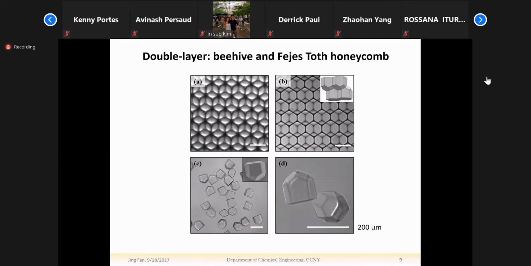If you dry them in air, just leave them in the air and completely remove the water by evaporation, this dry particle will remain the shape of this wet particle. This is very interesting. And this is an SEM picture, which has to be on the dry samples. They remain the shape. And if you add water onto this dry particle, they will swell and recover their original volume.